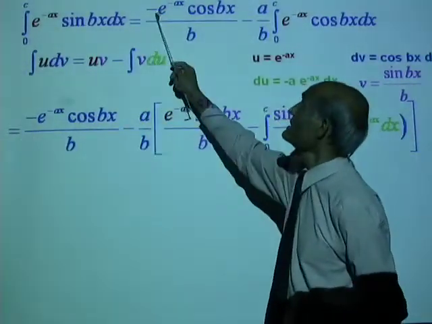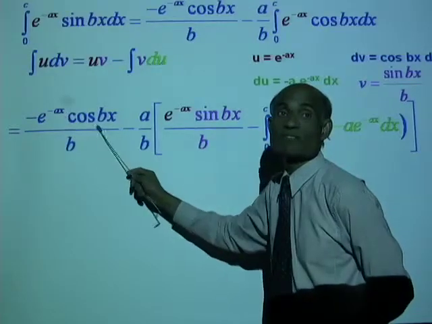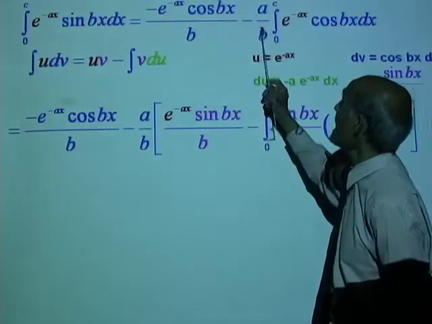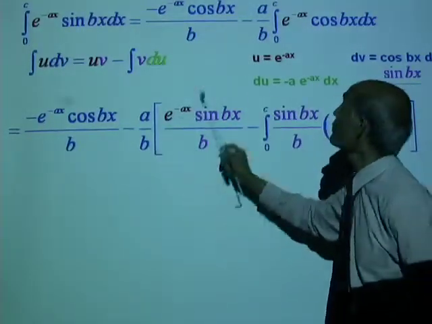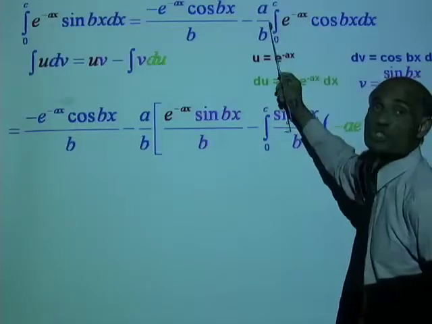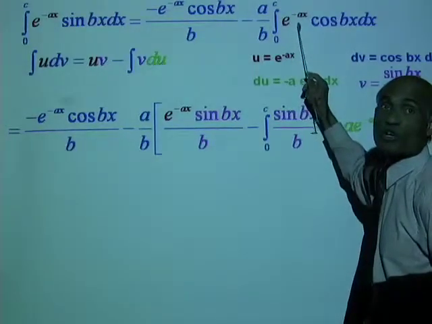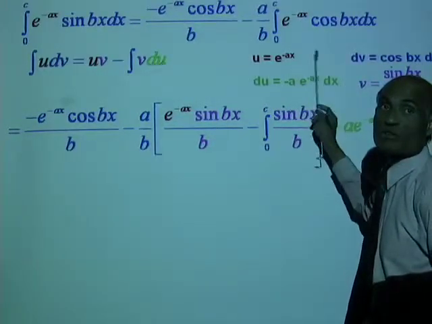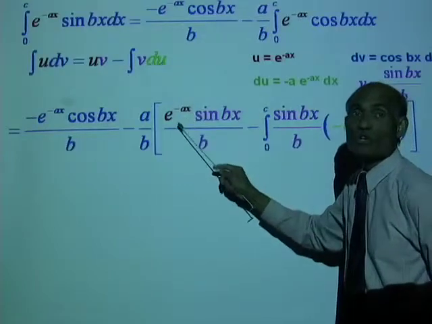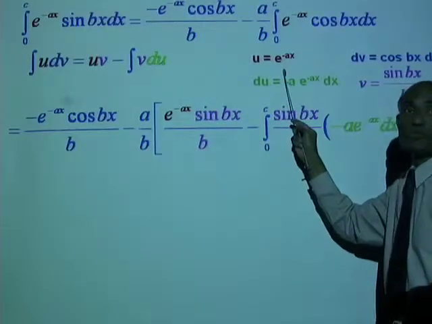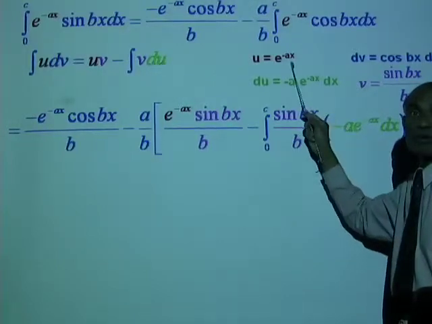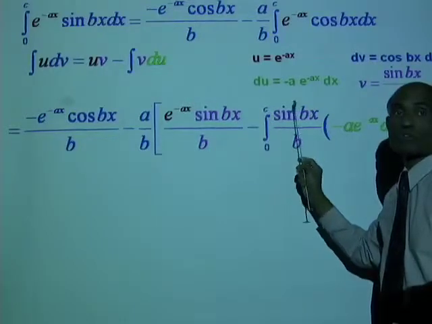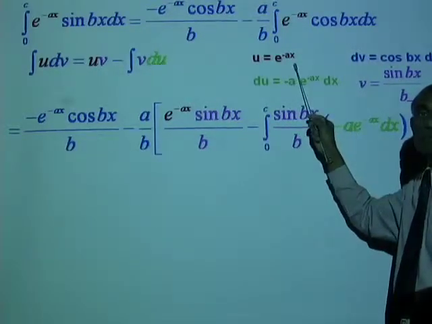So this will be negative e to the power of negative ax cos bx over b, that's that term, minus a over b times, we are now writing the terms for this integral, where we chose this equal to u, and that's our dv. So what is that integral equal to? a over b times u times v, the product of these two terms is this, minus integral 0 to c v du.